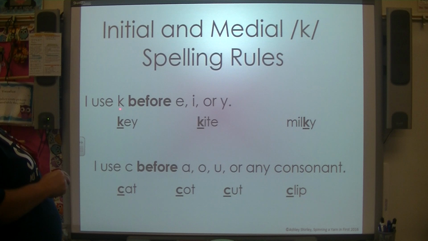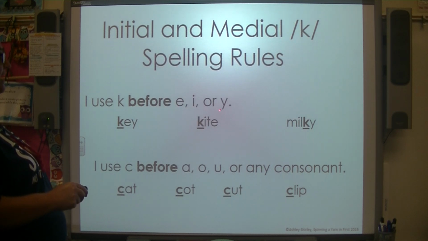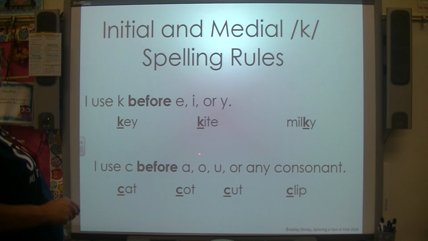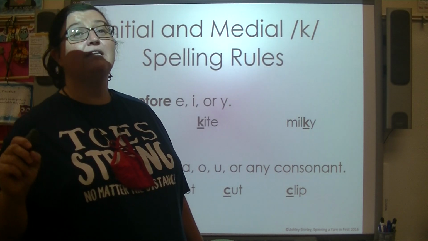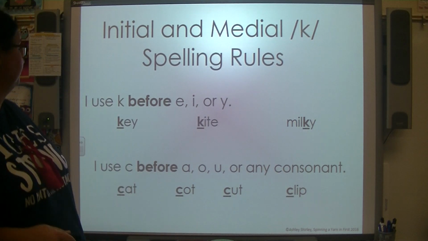You spell with K if you have an E, I, or Y following the K sound. If it's anything else, we just spell with C. Okay.